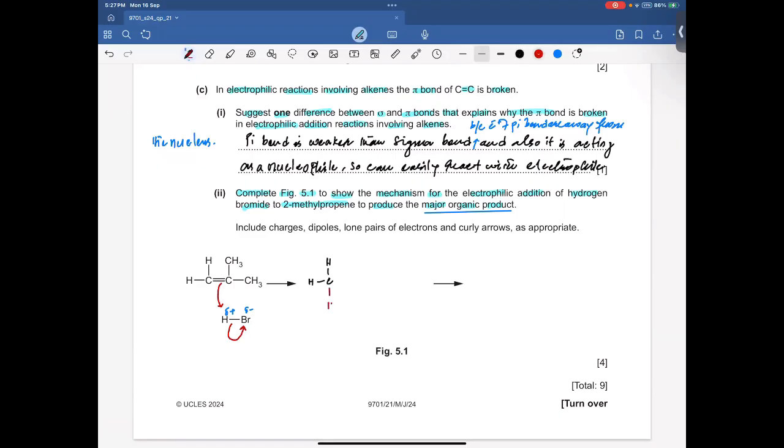Hydrogen is attached to this carbon atom, whereas this carbon atom has positive charge. So this carbon has positive charge with no hydrogen atom, which means this carbon is going to be the tertiary carbocation. And tertiary carbocation is more stable than secondary and primary. Okay, and that is going to be your intermediate.